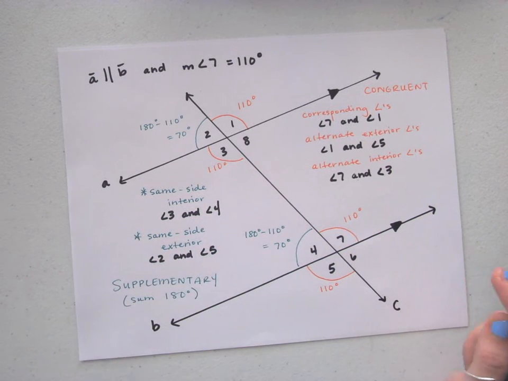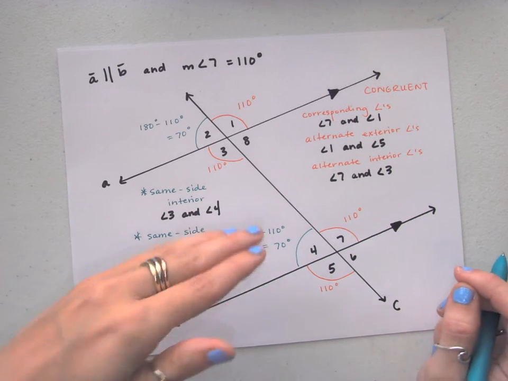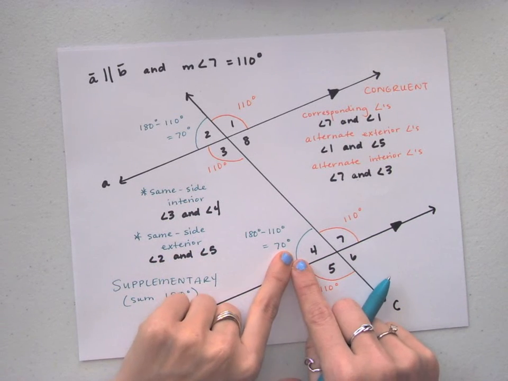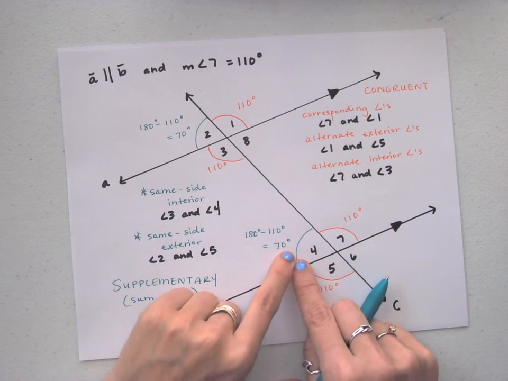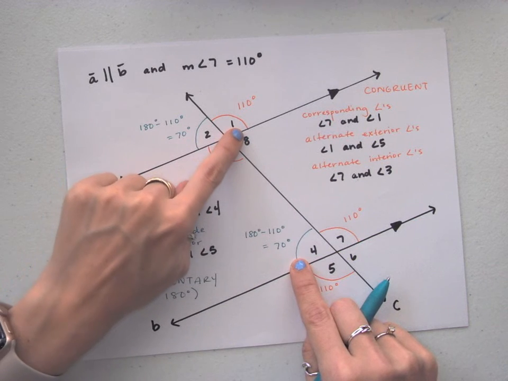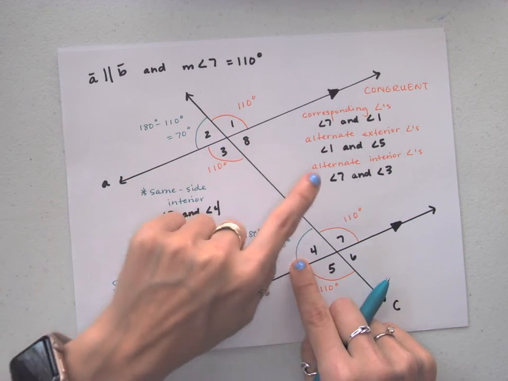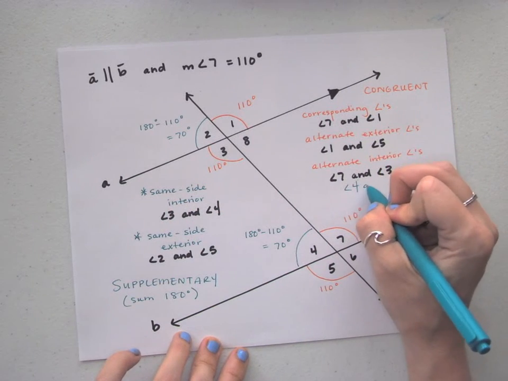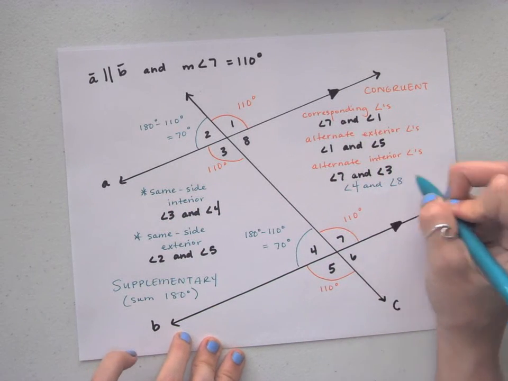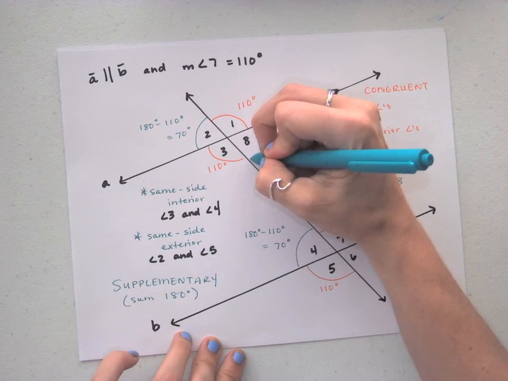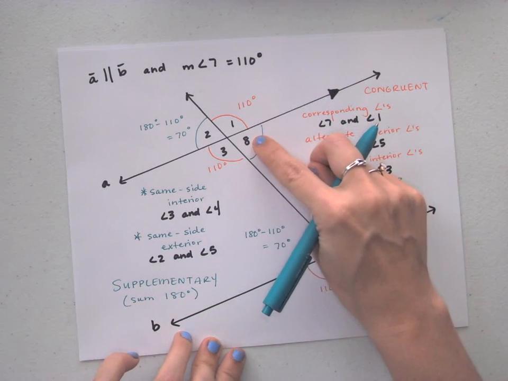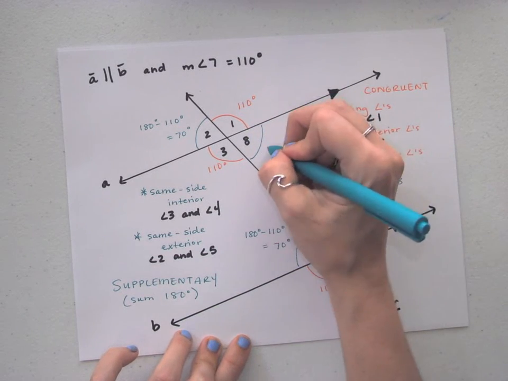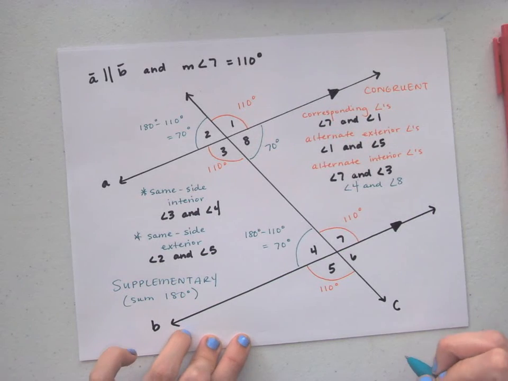But we don't have to do that, because now that I know angle 4, I know that angle 4 and angle 8 are alternate interior angles, and alternate interior angles are always congruent. Angle 4 and angle 8 are alternate interior. And since they're always congruent, then angle 8 has to have the same measure as angle 4. So angle 8 is going to be 70 degrees.